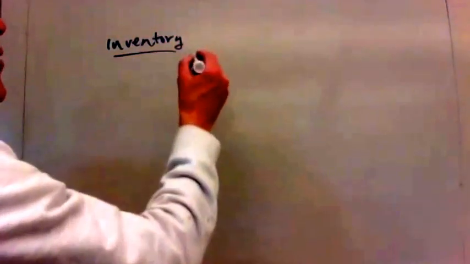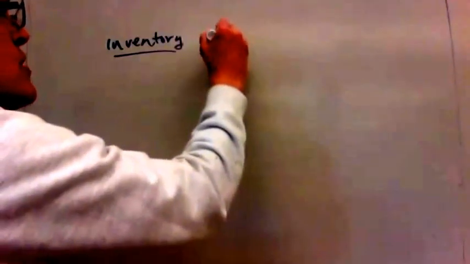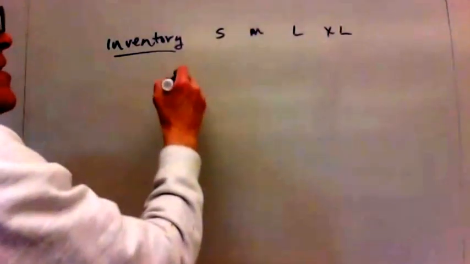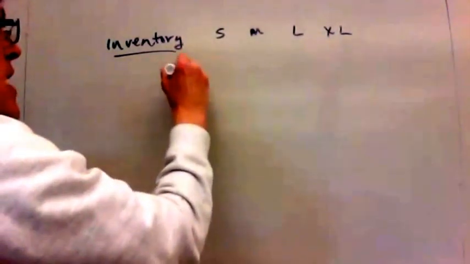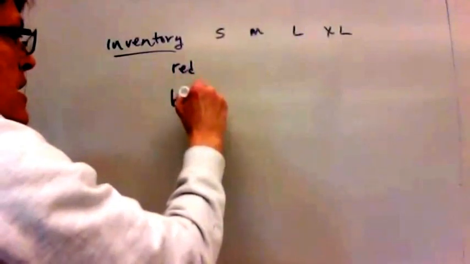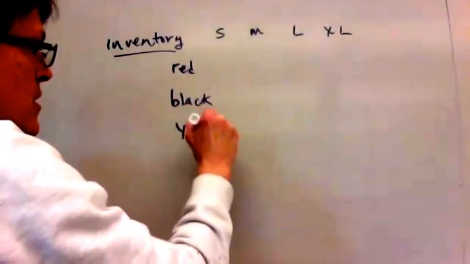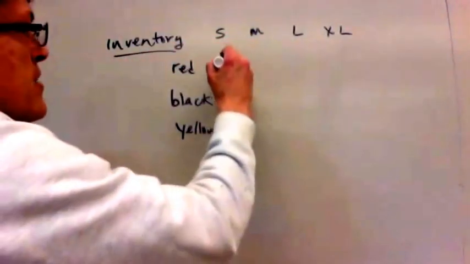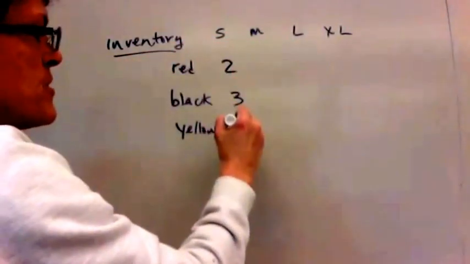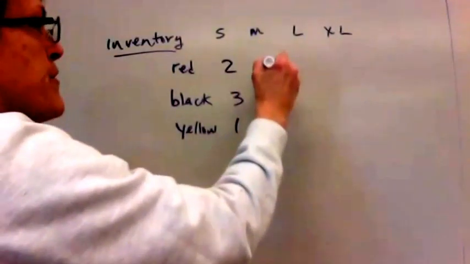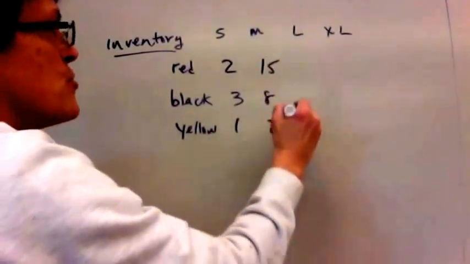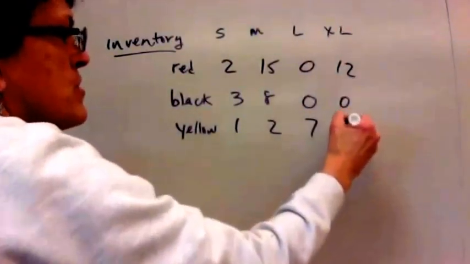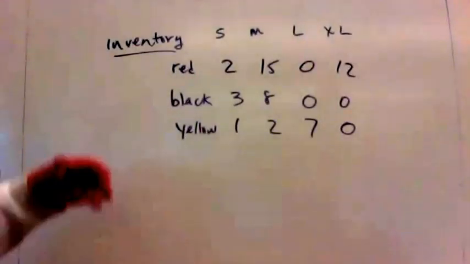So if you had a way of arranging them, such as small, medium, large, extra large, and let's say you had 3 different colors, red, black, and yellow. So you had these different types of shirts, different sizes, and when you count them, this is what you found: 15 mediums, 8, 2, 0, 0, 7, 12, 0, 0. So that's how many you found of each of those in the different sizes.